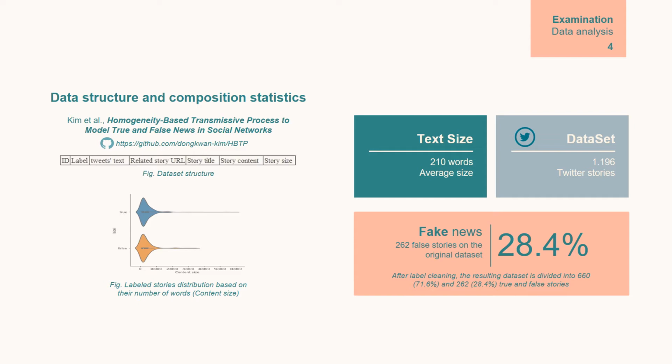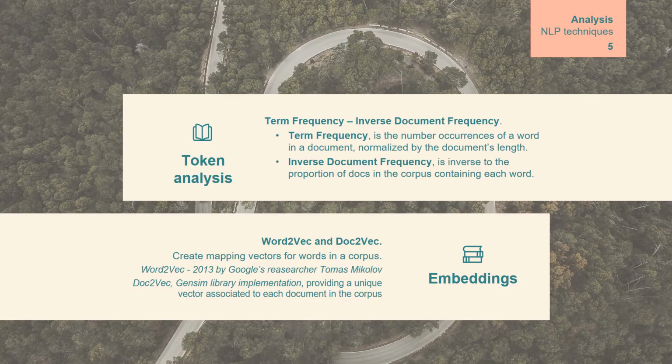For each resulting label, true or false, the following figure presents the number of stories in the dataset in terms of their number of words, or content size. After label cleaning, the resulting dataset is divided into 660 true stories and 262 false stories. A bias in the dataset was identified as it has below 30% of false stories.